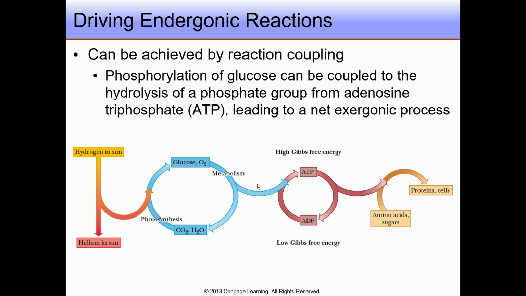That is an endergonic reaction, and it can be coupled with the hydrolysis of ATP. ATP gets converted into ADP, and this hydrolysis is exergonic and releases energy. So this endergonic reaction is coupled with this exergonic reaction, and this is the way reactions can take place inside our cells.